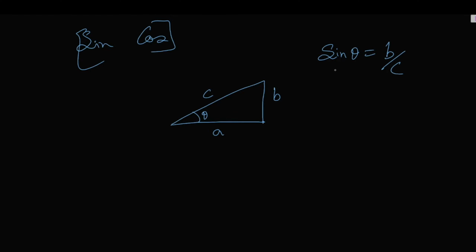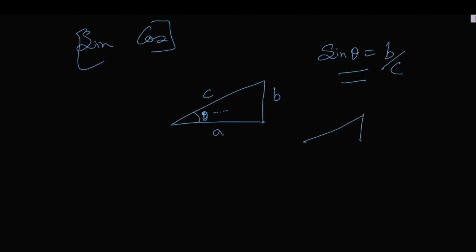So let's say we have a triangle, and we have an angle theta here. This is C, this is A, this is B, and we know sine theta equals B by C. We are trying to find the value of sine theta when theta equals 0. So when will this theta become 0?